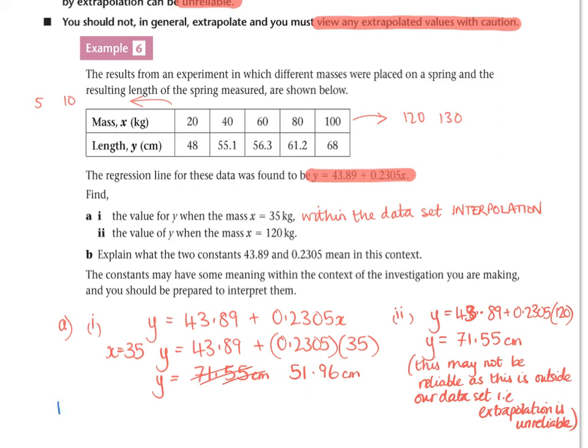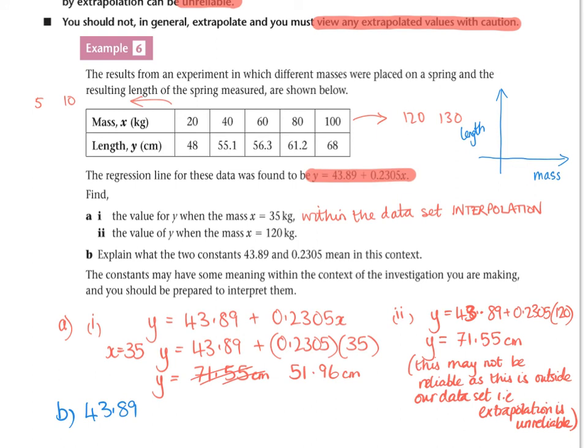We now actually want to know what these two constants are. So 43.89, that's the intercept on the y-axis. If you think about it, on the x-axis is the mass that's added, so that's the independent variable, and the length of the spring is dependent on the mass that's added to it.